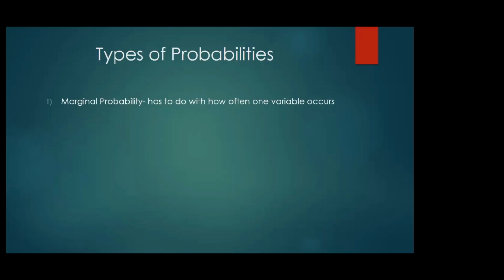Marginal probability has to do with how often one variable occurs. If they say that only one variable is mentioned, they're dealing with marginal probability. It's calculated by the outside total divided by the total.